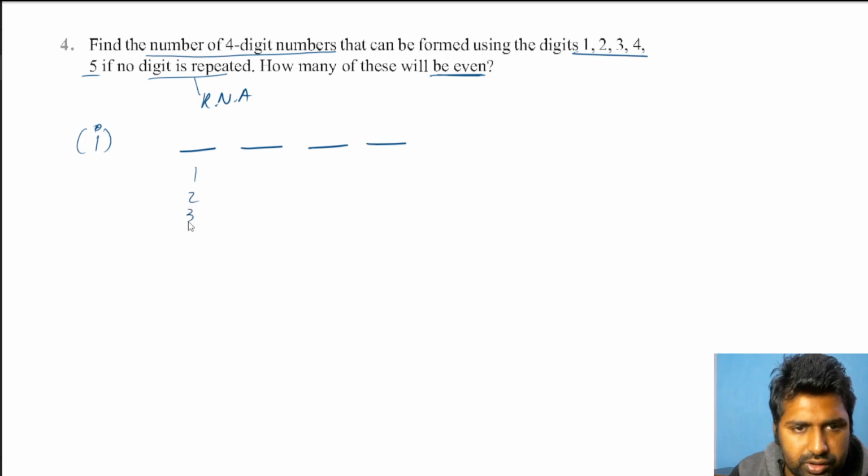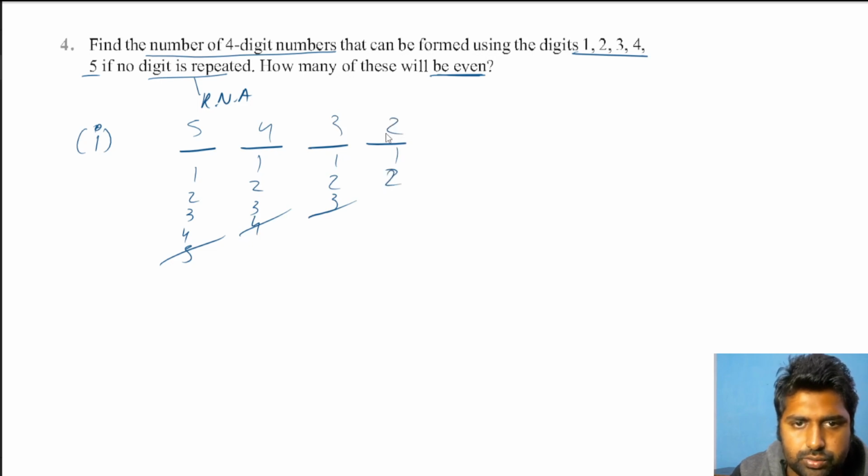Any one can come, so 5, then 4, then 3, then 2. Multiply them: 5, 4, 3, 2. That will also be 120. Okay.